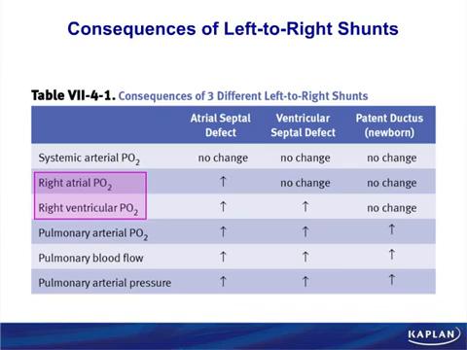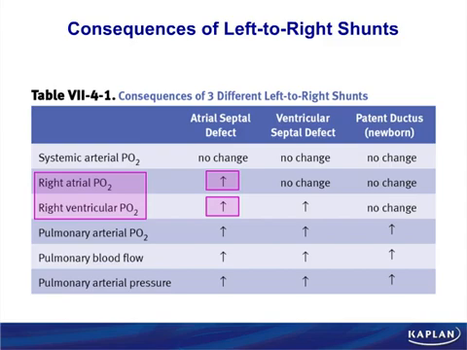systemic arterial PO2 will be okay in all of them, but here's going to be the big differential: right atrial PO2 and right ventricular PO2. If I have an atrial septal defect, then I know that both right atrial and right ventricular PO2 are going to go up. So if they're giving you a clinical scenario that's looking like a congenital heart defect, you wonder if that's an ASD or a VSD.